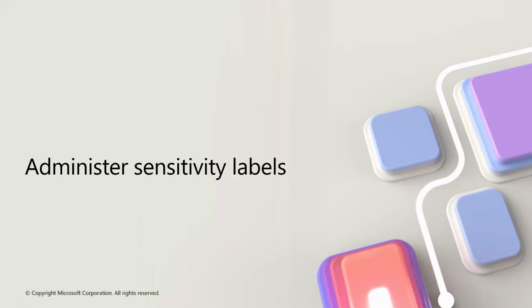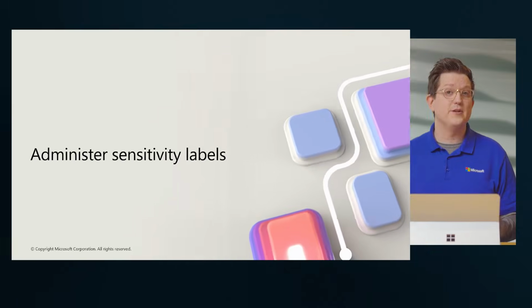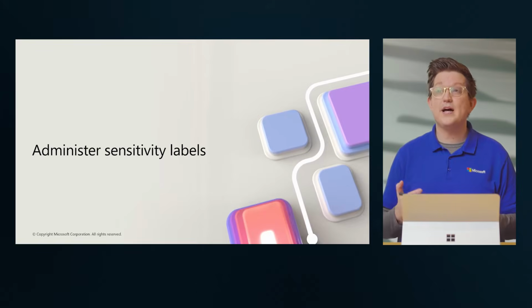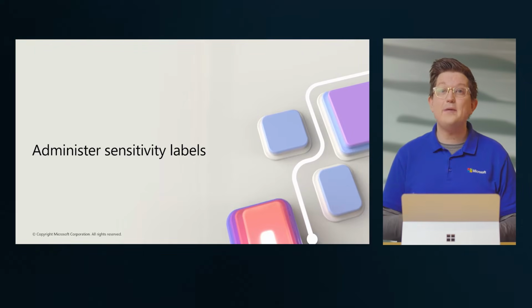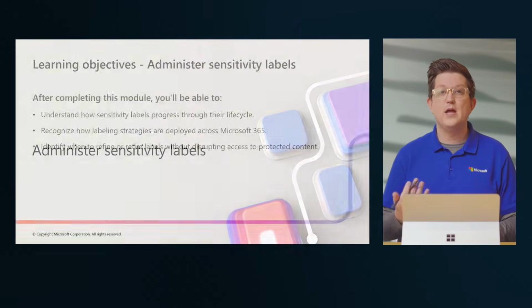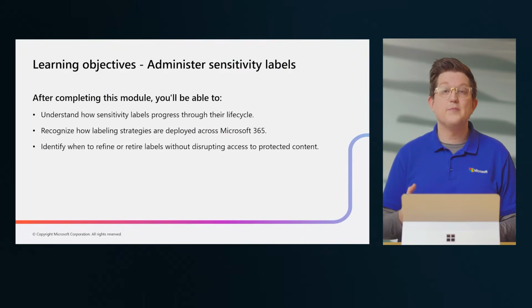Now, no matter whether it is automatically applied or manually applied, no matter the conditions you place on it, there is a clear administrative pathway that you need to follow around the lifecycle management of the labels themselves. Sensitivity labels over time may be replaced, updated, or simply just require retirement.